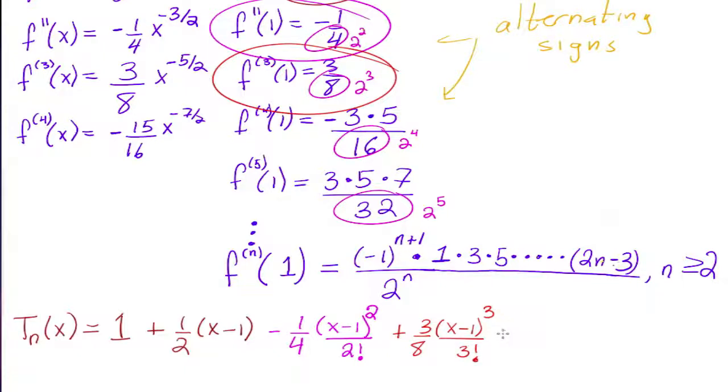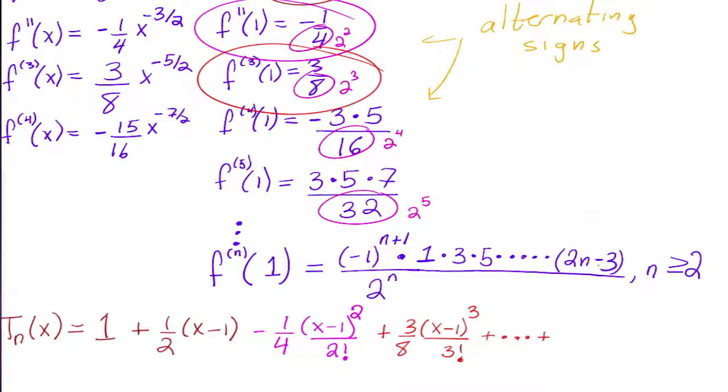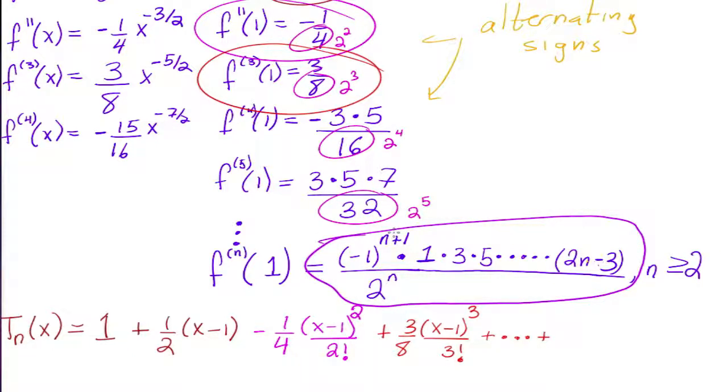Okay, and then at this point we can just put in our general form. So let's see if we can fit it on here. What I'm going to do next is just write down what the general expression is. Since that expression is valid for as long as n is greater than 2, and I already passed 3, I can just write negative 1 to the n plus 1 times, just for space, I'm going to leave out the 1. Is that okay?